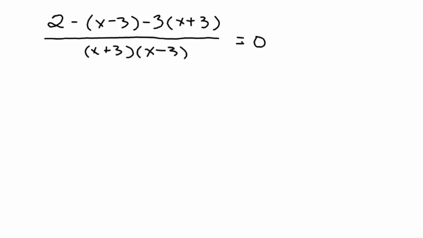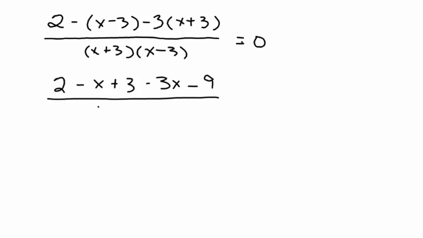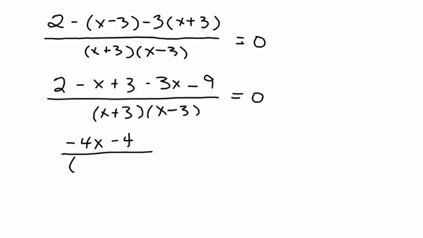Let's simplify the numerator. We're going to get 2 minus x plus 3 minus 3x minus 9 inside of our numerator. And simplifying this a little bit, we're going to get minus 4x minus 4. So now we have a single fraction that's equivalent to 0.